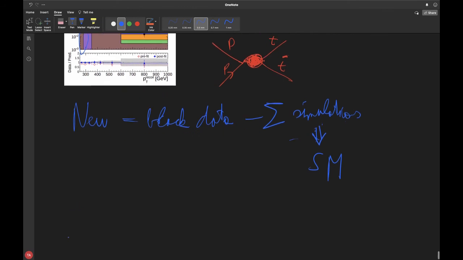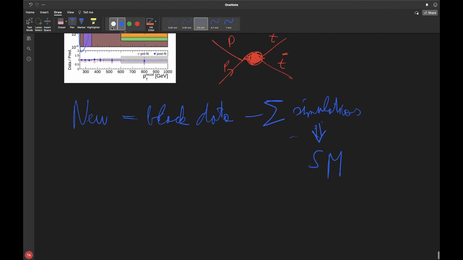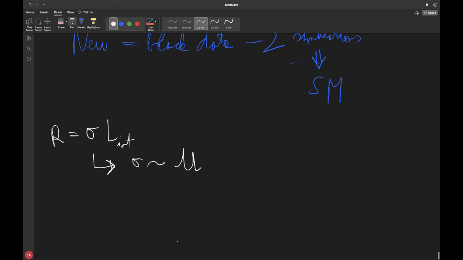So, just to recap a bit, the whole story was that the rate was the same as the cross section and the integrated luminosity. And then in the cross section, we had that sigma was proportional to the invariant amplitude. This invariant amplitude was calculated using the Dyson equation, which included this vacuum expectation value.